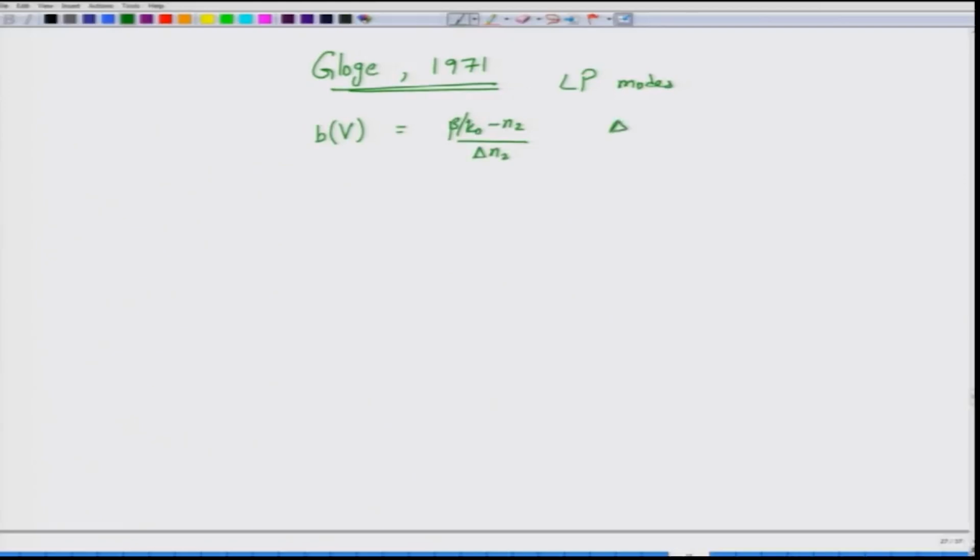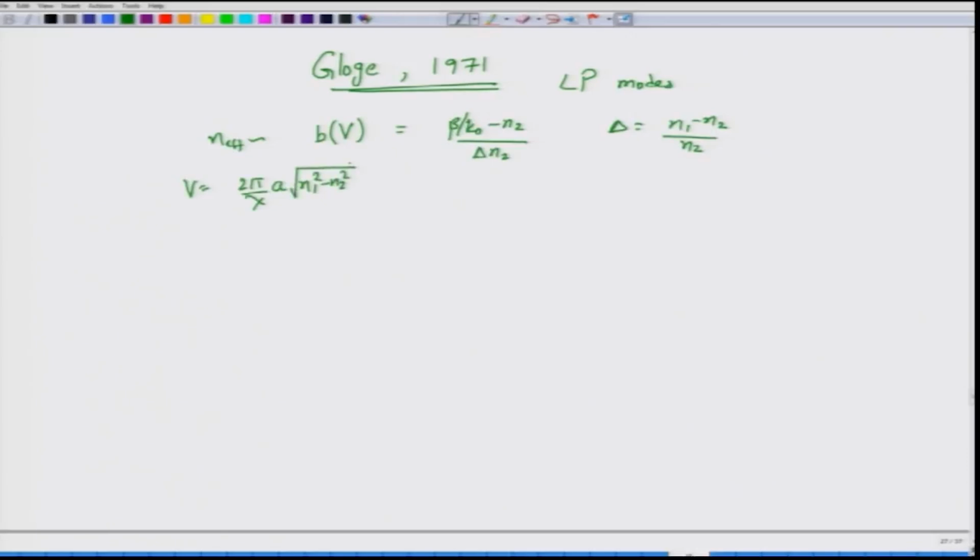Okay, where delta is being redefined by this paper as (n1 - n2)/n2, where n1 is the maximum core refractive index, n2 is the cladding refractive index, and the difference n1 minus n2 is normalized with respect to n2. This b is the effective index related parameter, and V of course you already know is the normalized parameter.